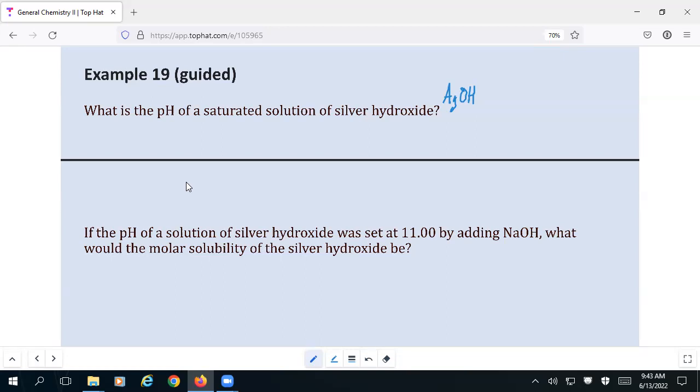We need a KSP for silver hydroxide. So I'm going to have to go to my lecture packet for that.